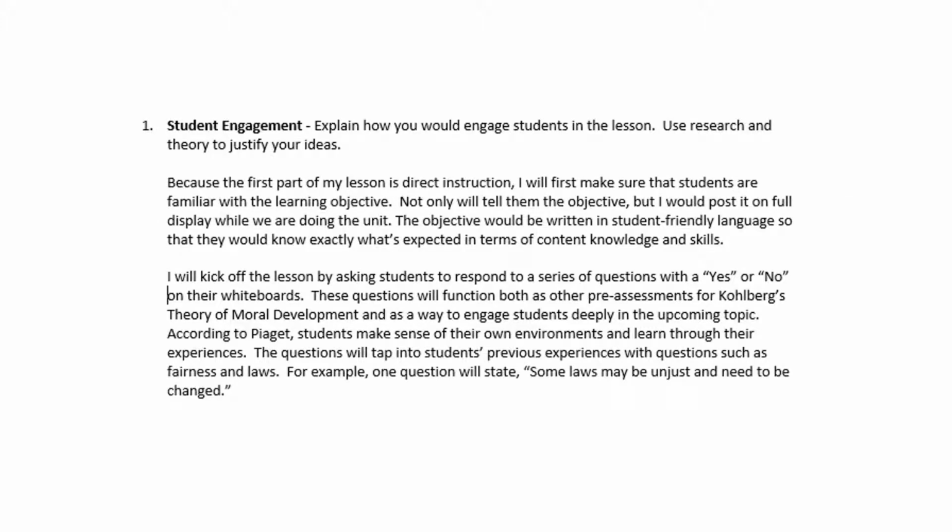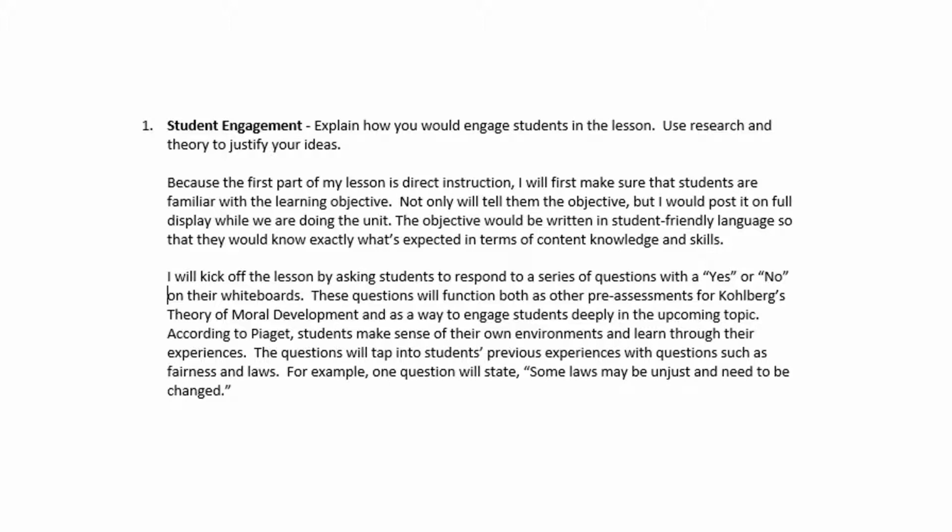The next one asked, explain how you would engage students in the lesson, use research and theory. So what might a response for that look like? Because the first part of my lesson is direct instruction, I will first make sure that students are familiar with the learning objective. Not only will I tell them the objective, but I will post it on full display while we are doing the unit.